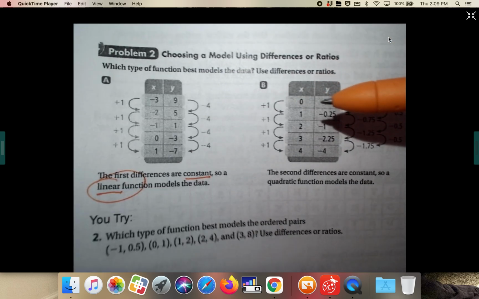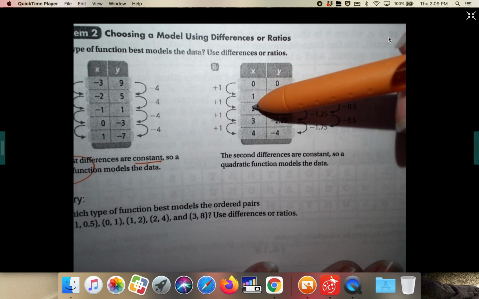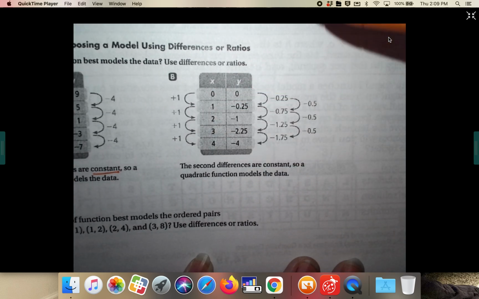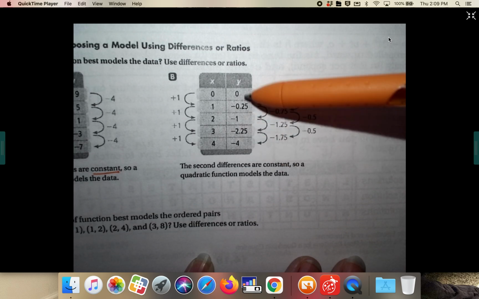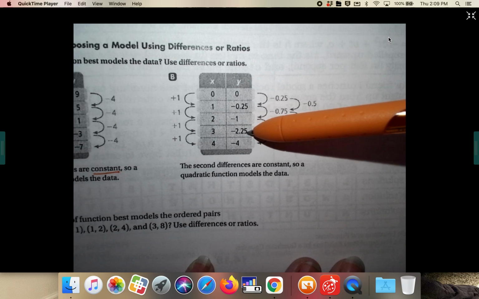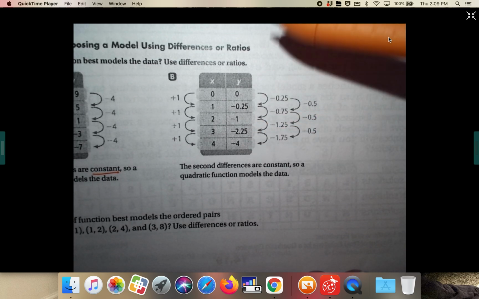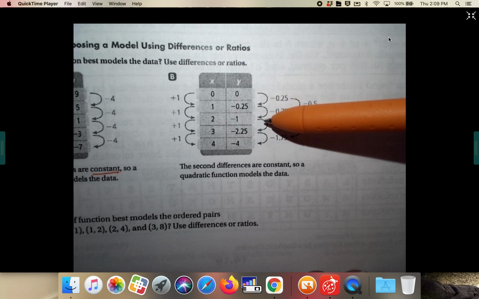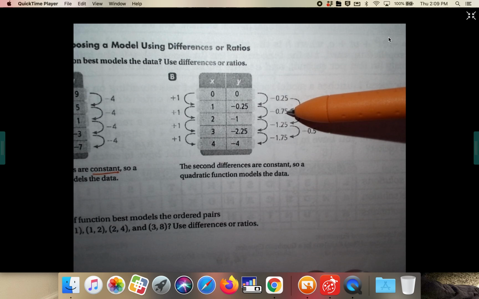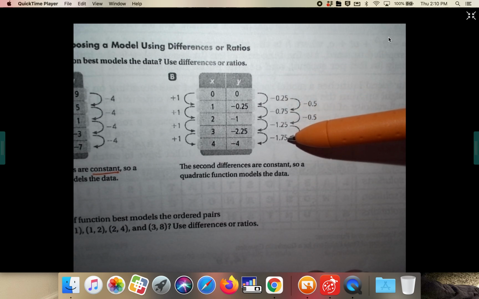Okay, on our B graph, the x's are, once again, ones that are right in a row, and that's just smart. We usually choose x's like that too. But once they have plugged it in, they have 0, -0.25, -1, -2.25, and then -4. So here's what's happening. From each one of these, first it's subtracting 0.25, then subtracting 0.75, then subtracting 1.25, then subtracting 1.75.